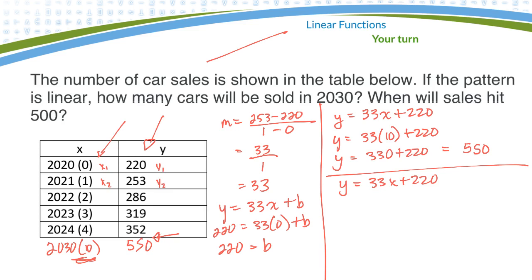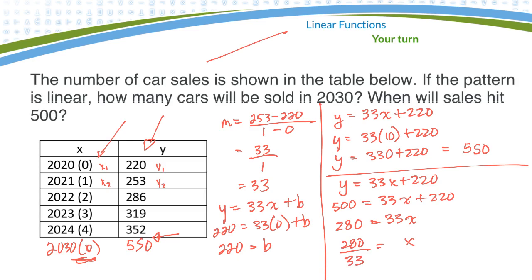They're saying plug 500 in for y. So 500 equals 33x plus 220. And subtract 220 on each side. So it'll be 280 is equal to 33x. Divide both sides by 33. So 280 divided by 33.